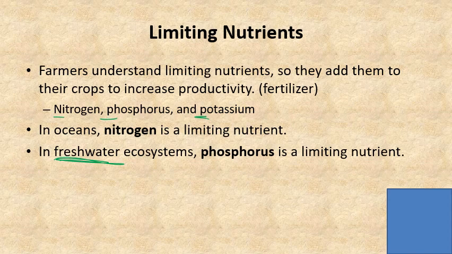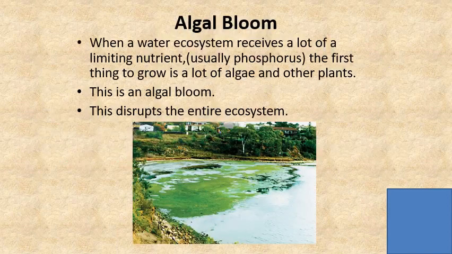Now, what happens normally is that when farmers add this, those nutrients don't stay in that one place. So in these water ecosystems, when it rains and that runoff travels down these rivers and streams, that boost of the limiting nutrient, that phosphorus that was in short supply, raises the primary productivity very quickly.